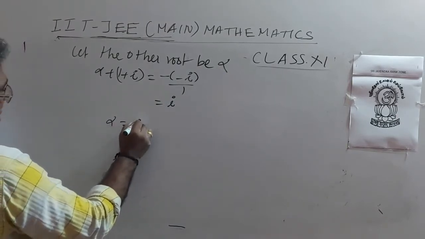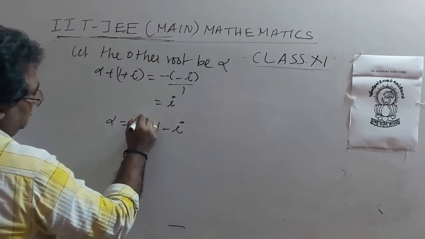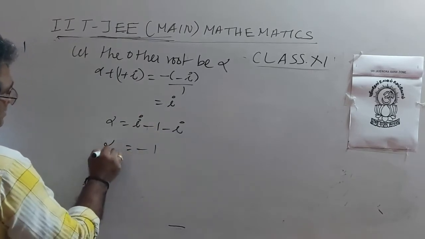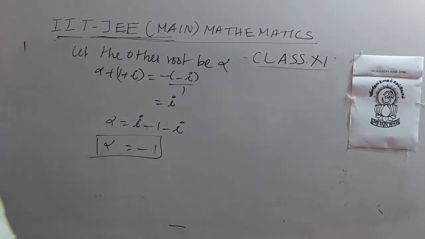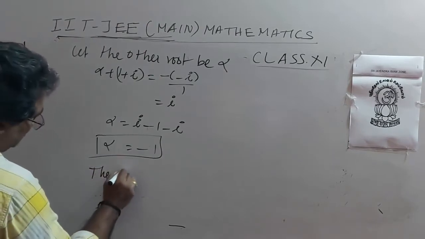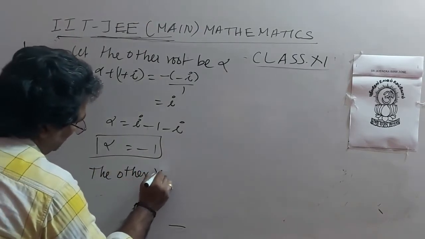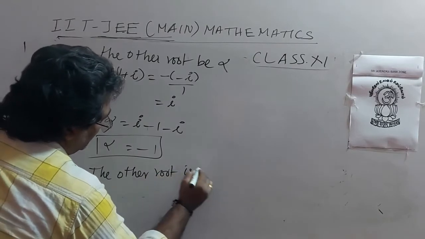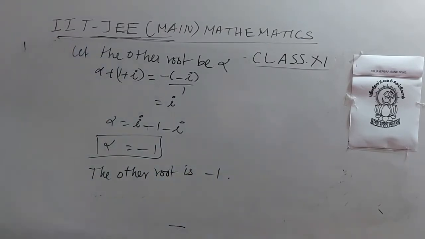Alpha equals i minus 1 minus i, equal to minus 1. The other root is minus 1.